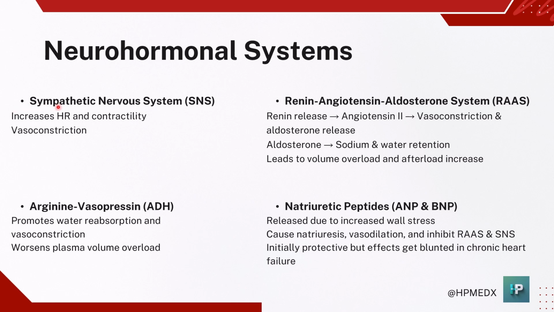Here, activation of the sympathetic nervous system increases the heart rate and contractility, and also increases vasoconstriction. And then the renin angiotensin aldosterone system, RAAS. Here, activation of renin leads to angiotensin 2 activation, and the action of angiotensin 2 is vasoconstriction and aldosterone release.